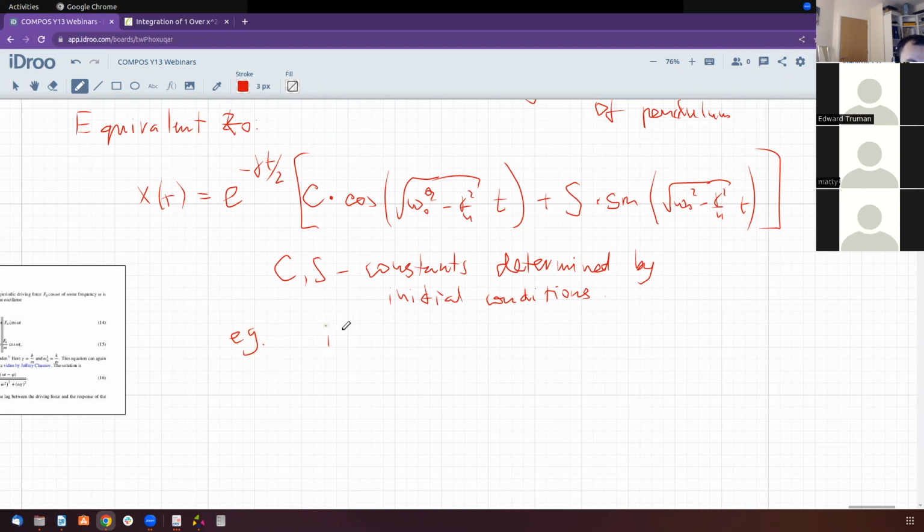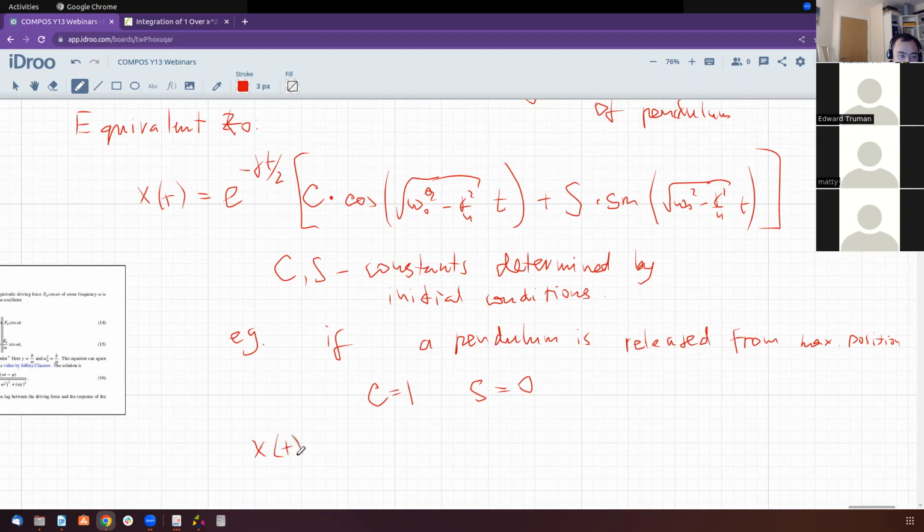Example: if a pendulum is drawn back and released from maximum position, then C is 1, S is 0, and the equation becomes x of t equals e to the minus gamma t over 2, C multiplied by cos of the square root of omega 0 squared minus gamma squared over 4 t, right?